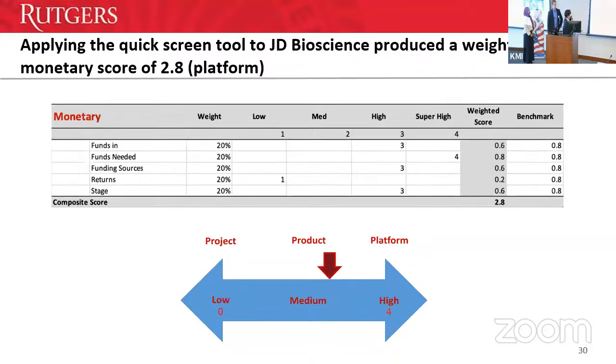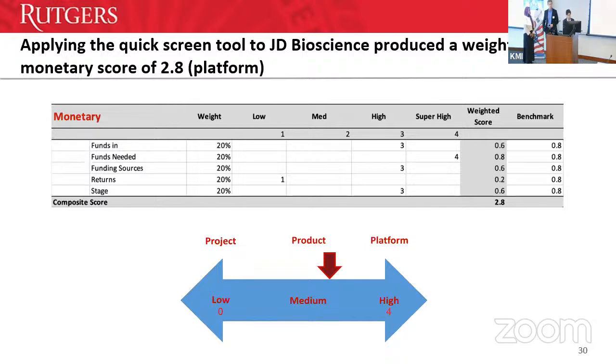And then applying it on the monetary scorecard, they are well capitalized to achieve their near-term goals, but as a startup, it doesn't hurt to have more money. And they also have a broad portfolio, so it might aid in that. Currently, they're raising their Series C, aiming for more than $20 million.